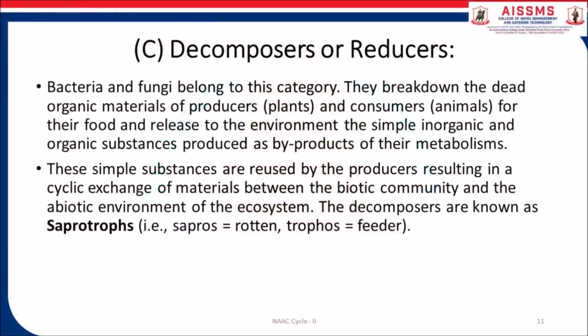Next one is C, decomposer or reducer. The bacteria and fungi belong to this category. They break down the dead organic material of producers, for example plants, and consumers, for example animals, for their food, and release to the environment the simple inorganic and organic substances produced as by-products of their metabolism.